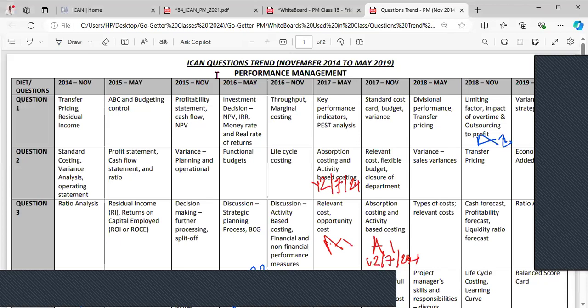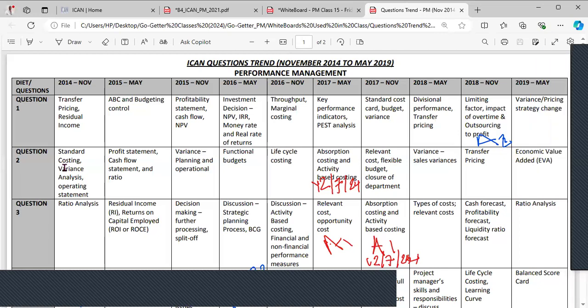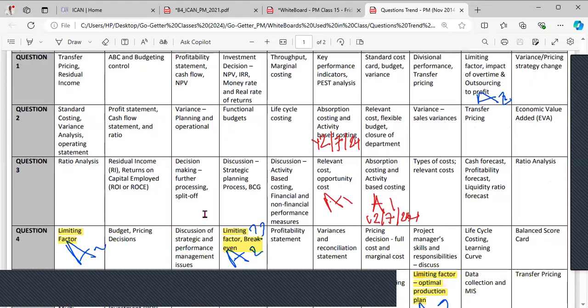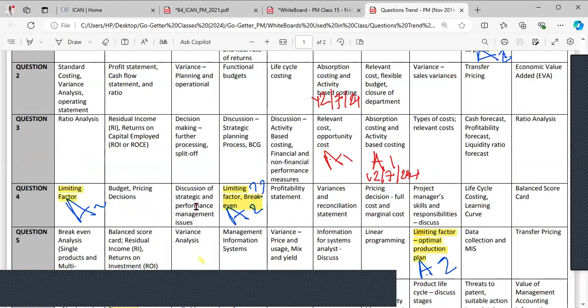So check question number 1. There's no question here on target cost. Question number 2, none. Question number 3, none. Question number 4, none.